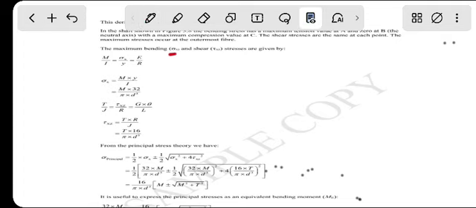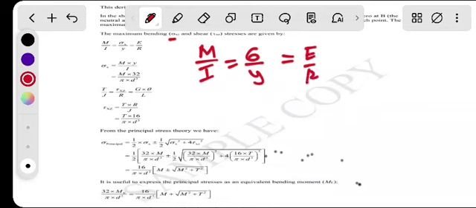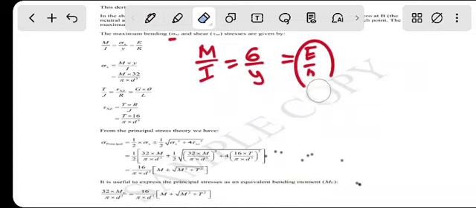Okay, we know this question. We know, guys, the formula M over I is equal to shear stress over Y, and I is equal to E over R, but avoid using this part, guys.